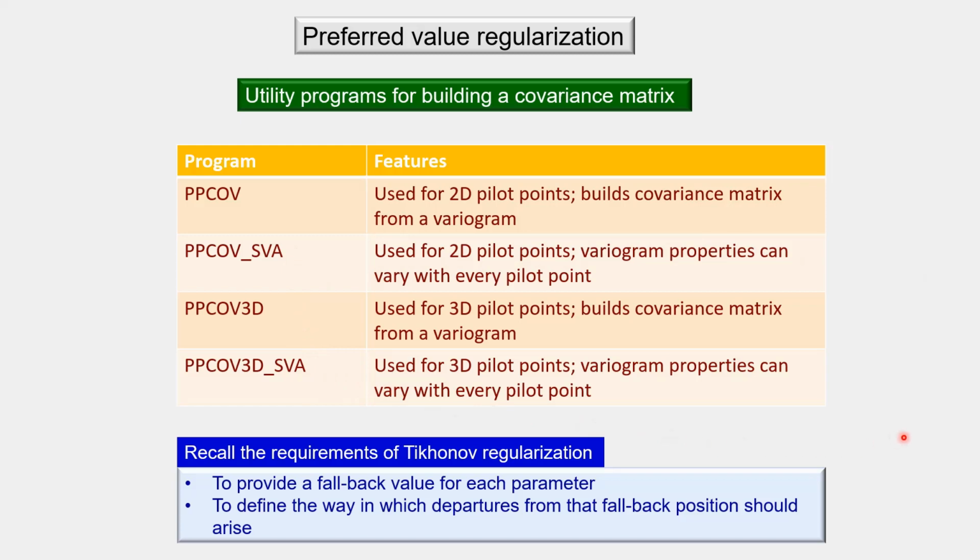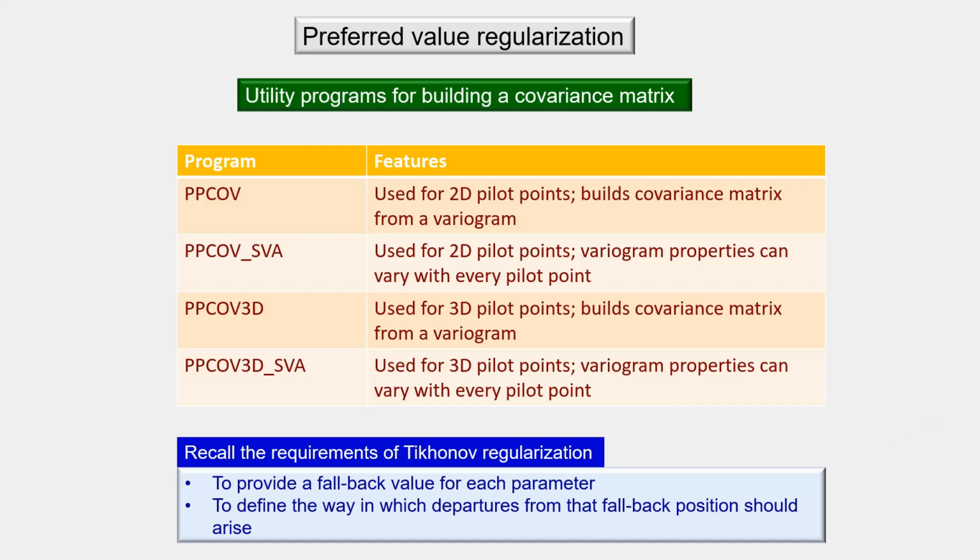Recall again the precepts of Tikhonov regularization. There must be a fallback position for every parameter. That's provided through the prior information equations that give a preferred value for every parameter.